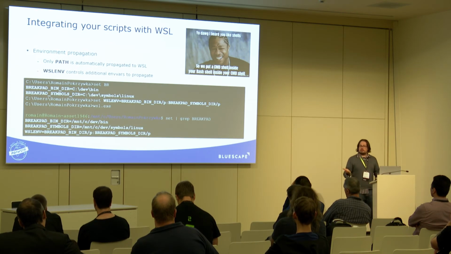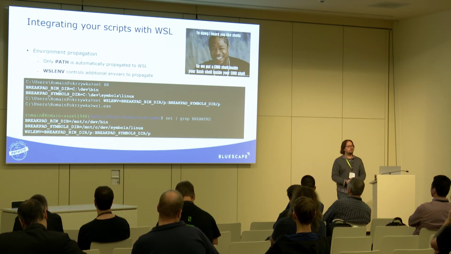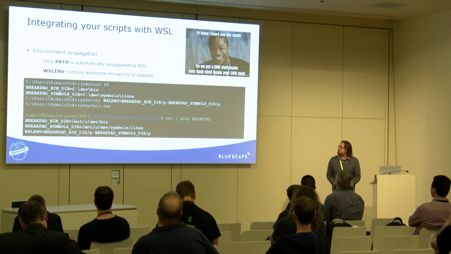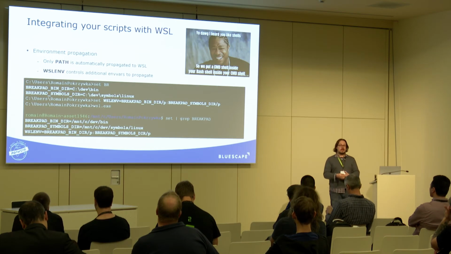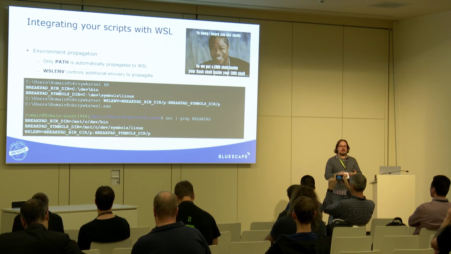What if you want other environment variables from your Windows setup to propagate into the Linux side? You can do it. They provide a WSLENV environment variable for that. Just like your commands, a lot of the time these variables will have paths in them.